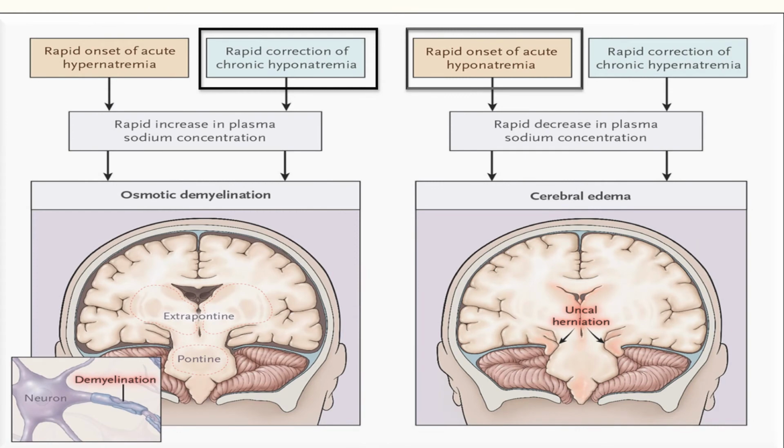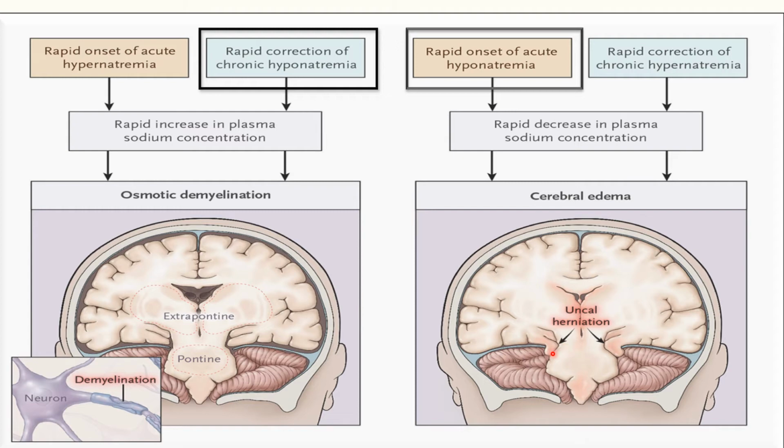If you look at it here, I showed you acute hyponatremia, and this is actually rapid correction of chronic hyponatremia. So in this rapid onset of acute hyponatremia, there is brain swelling which leads to cerebral edema and which can lead to herniation.